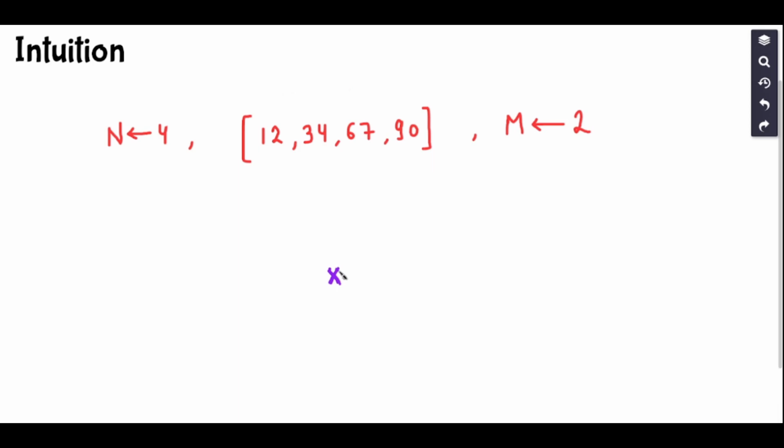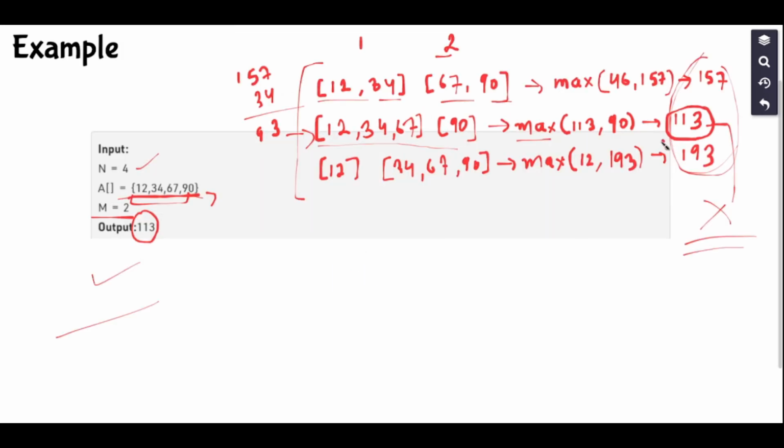Now if I can allocate x number of pages to a particular student, then I can always allocate x plus 1 number of pages, because here you can see that I could allocate 113 pages and this is the minimum, but I can always allocate 114 pages. Why?